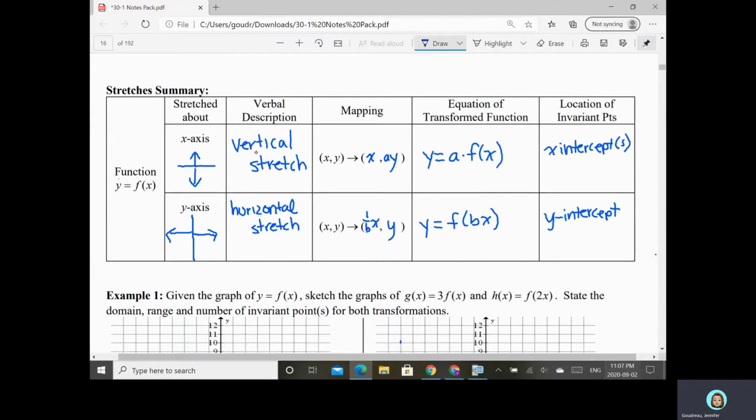But if we do just a vertical stretch, x-intercepts will be invariant. If we do just a horizontal stretch, the y-intercept will be invariant. Okay, so we've done a good summary there of what we've talked about. Let's go ahead and practice some of this with examples.